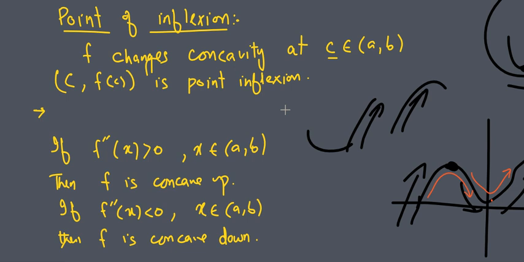We said that it is changing its concavity, and concavity means the function is changing from positive to negative slope or from negative to positive. So its slope is changing. If we are talking about the slope, that means the first derivative will change its sign, from positive to negative, right?